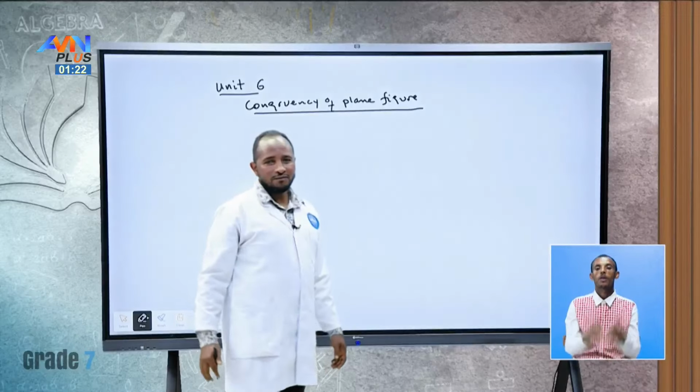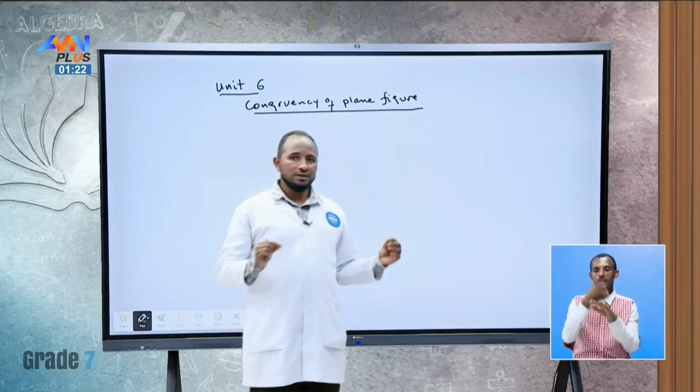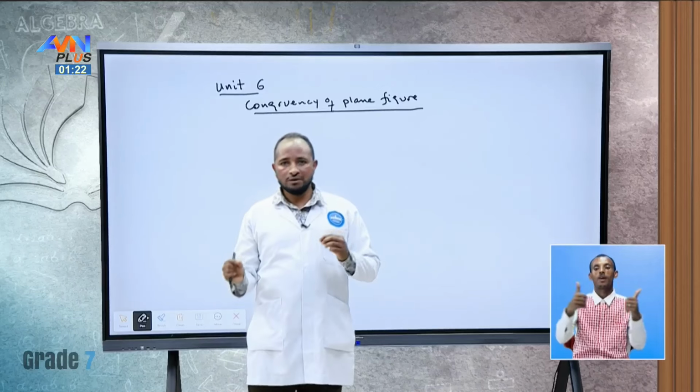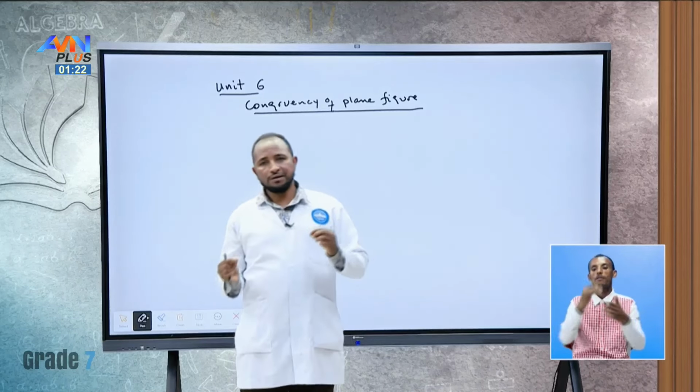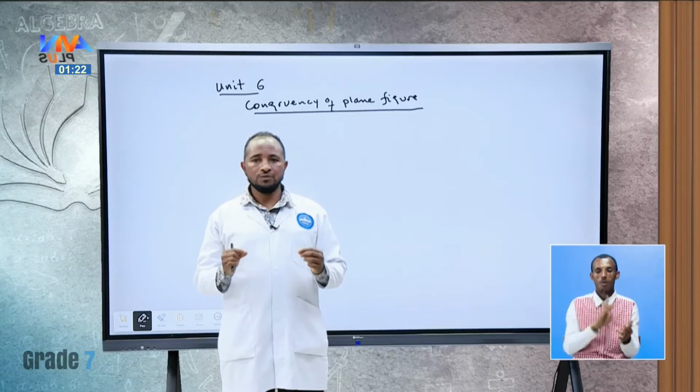Congruency of plane figures. Students, at the end of this lesson, you are expected to identify whether given plane figures are congruent or not. So now we'll proceed to the lesson.